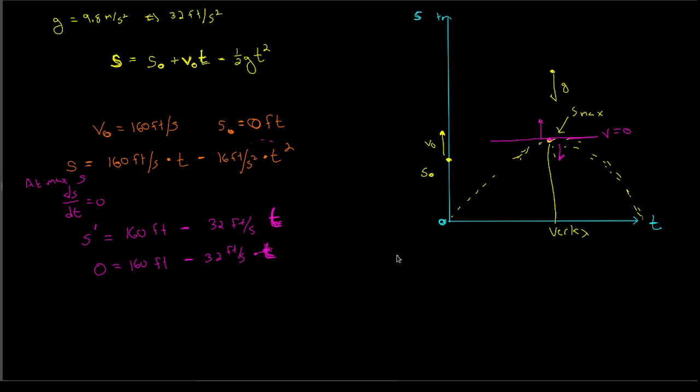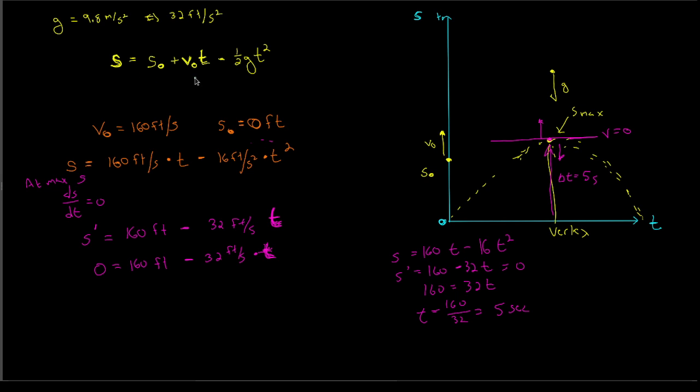In fact, to make it cleaner, I'm going to write my function without the units on it. If I take the derivative, it's 160 minus 32t, and this equals 0. I want to solve for t. So 160 equals 32t, and t equals 160 divided by 32, which is 5 seconds.